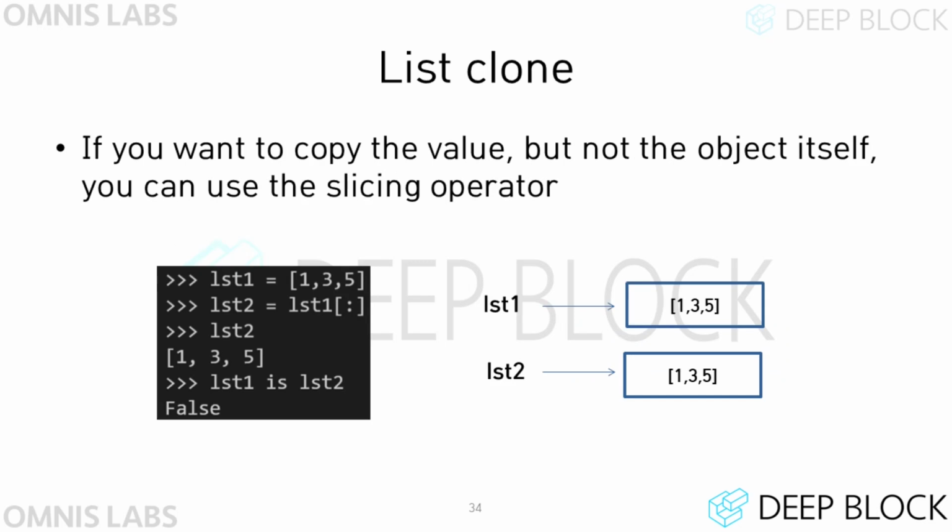What if you want to copy only the values of a certain list and store them in a new space? In this case, you can use slicing to create a new list by copying the elements of a list. As shown in the slide, when there is a list variable list1, if list1[:] is assigned to another variable list2, list2 copies the entire value of list1 and stores the list in a new space.